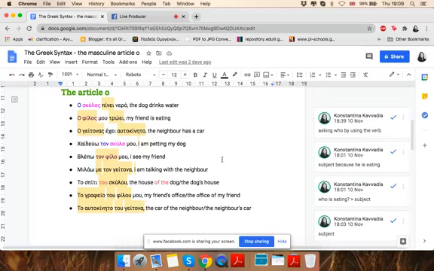Their endings change a lot depending on what sort of role they play in a sentence. And this rule about the role in a sentence is what you need to know in order to put the words in the right order in Greek so you make sense.